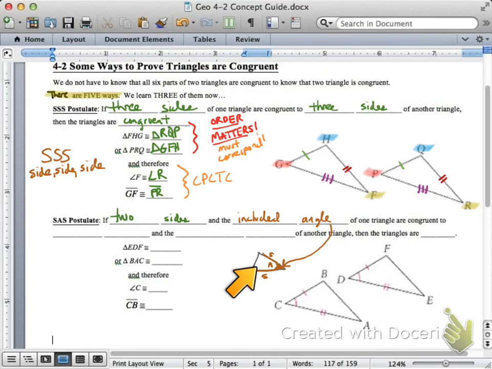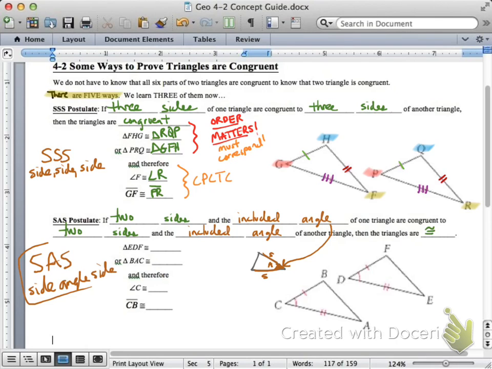So this angle over here is not the included angle of these 2 sides, it would be included of these 2 sides. So when we say 2 sides and the included angle of one triangle are congruent to 2 sides and the included angle of another triangle, then the triangles are congruent. And we'll call this SAS, which stands for side angle side.